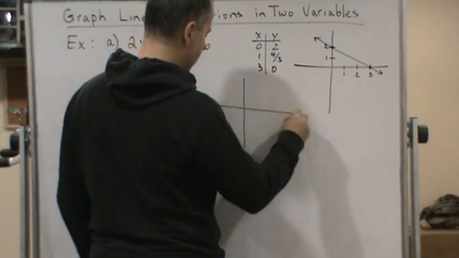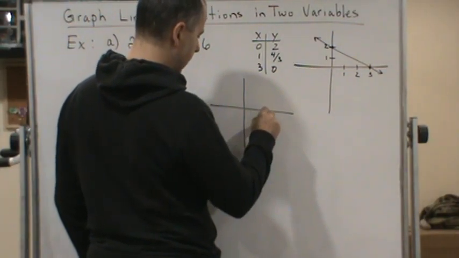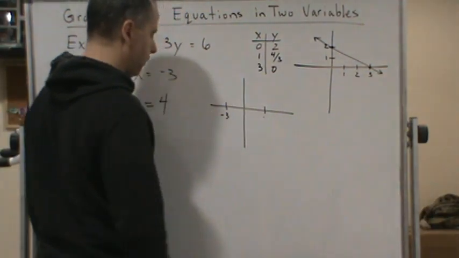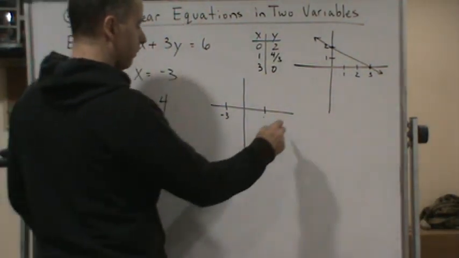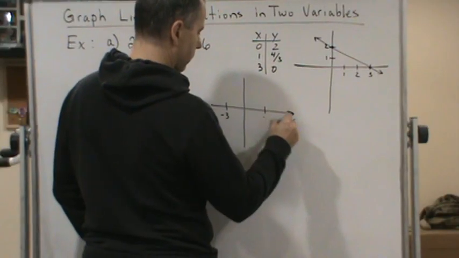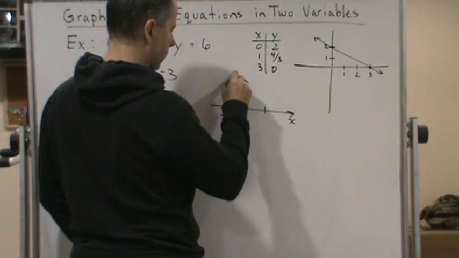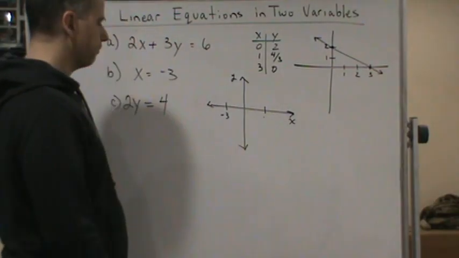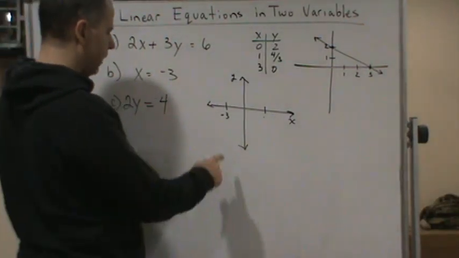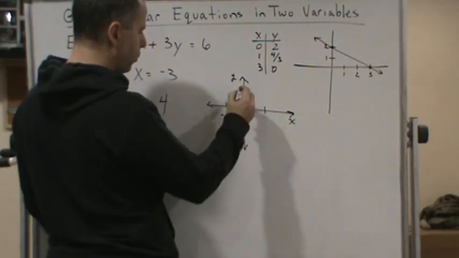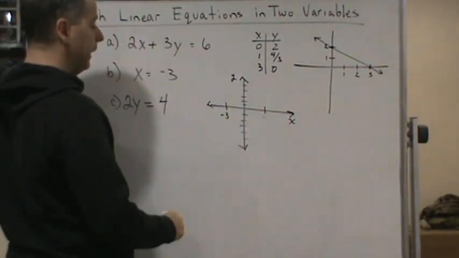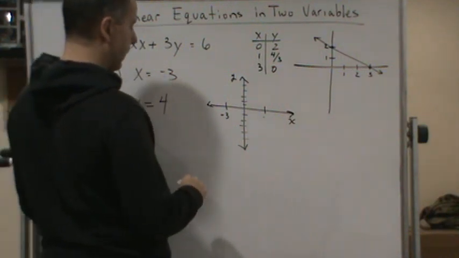So what does that mean? It means that at -3, right? Okay? So at -3, that means no matter what value we have for y, x is always going to be -3.